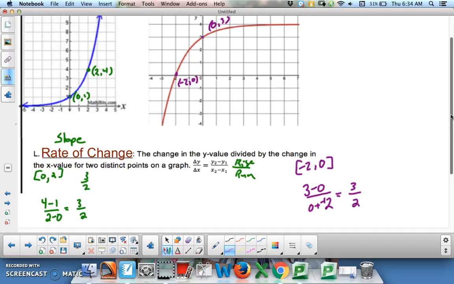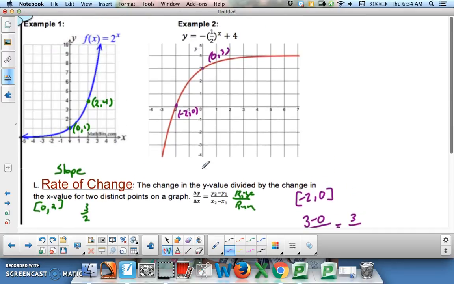But notice that if I had used a different interval, let's say I went from 0 to 1, now I've got a rise of 1/2 and a run of 1, which equals 1/2. That's a whole different slope over the interval from 0 to 1 than what I got when I had the interval -2 to 0.